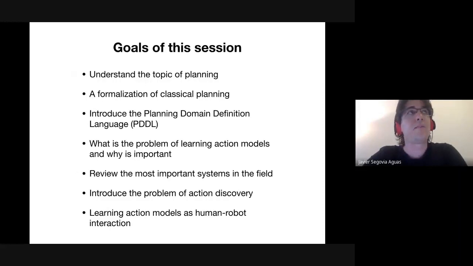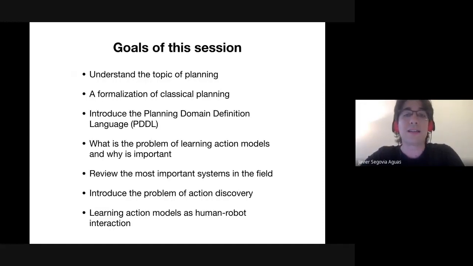These are the goals of this session. Because it's a topic that is maybe not so close to others related to robotics, I would like first to introduce a little bit the concept of planning, a formalization of the kind of planning that we do, that is classical planning.